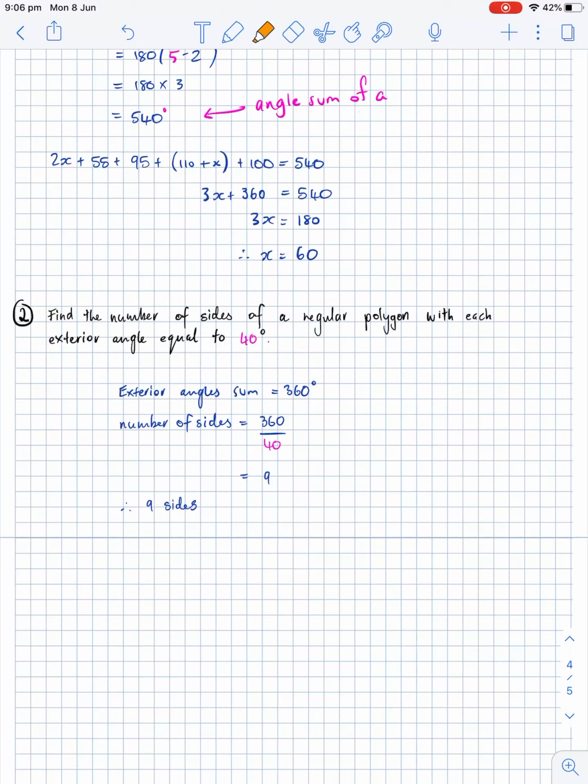So we can figure out the number of 40 degree angles within that shape, and so we can do 360 divided by that 40 degree angle, and that means there's going to be 9 sides.